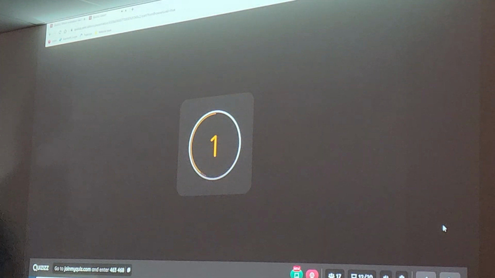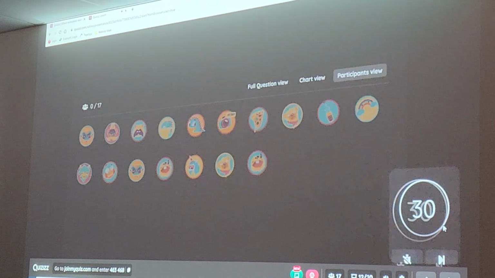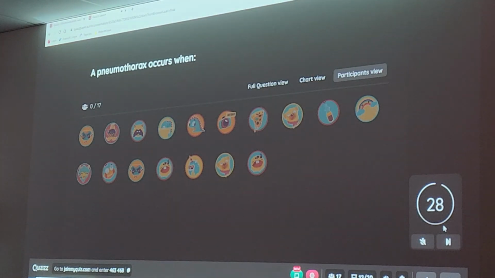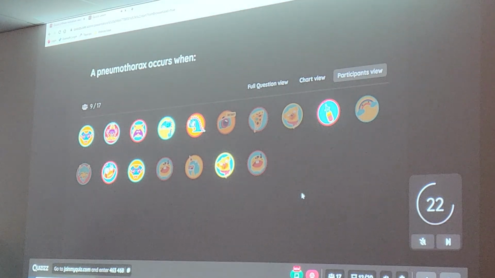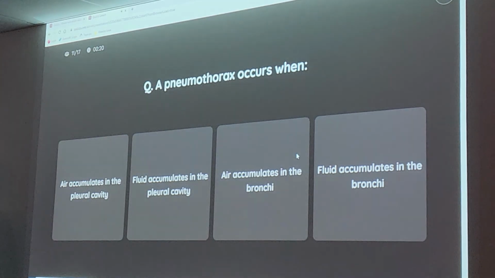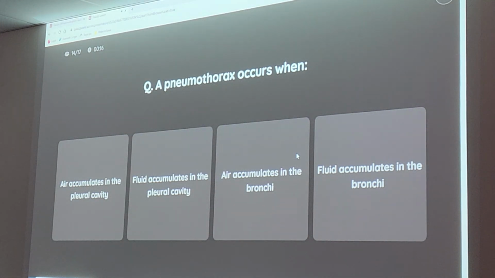Okay, next up. A pneumothorax occurs when what happens? Air accumulates in the pleural cavity, fluid accumulates in the pleural cavity, air accumulates in the bronchi, or fluid accumulates in the bronchi. Which of these best describes a pneumothorax?